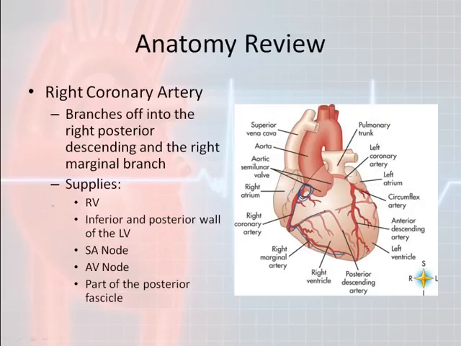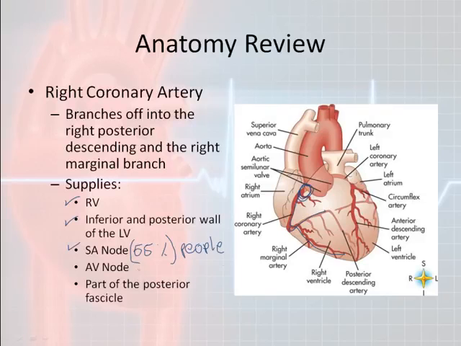Generally speaking, the right coronary artery supplies most of the right ventricle, or all of the right ventricle actually, part of the inferior and posterior wall of the left ventricle, and the SA node in 55% of the population. Not 55% of the SA node, but 55% of the people have their SA node perfused by the right coronary artery.